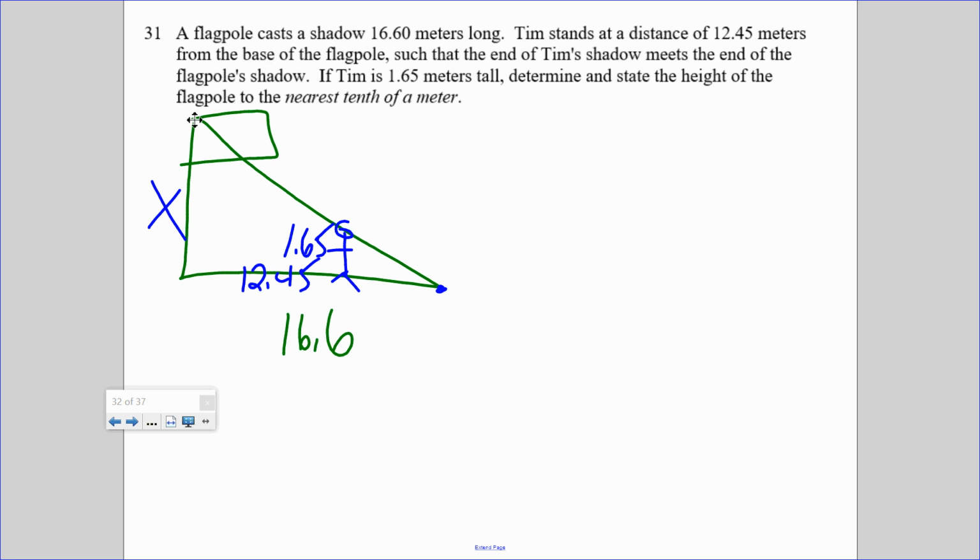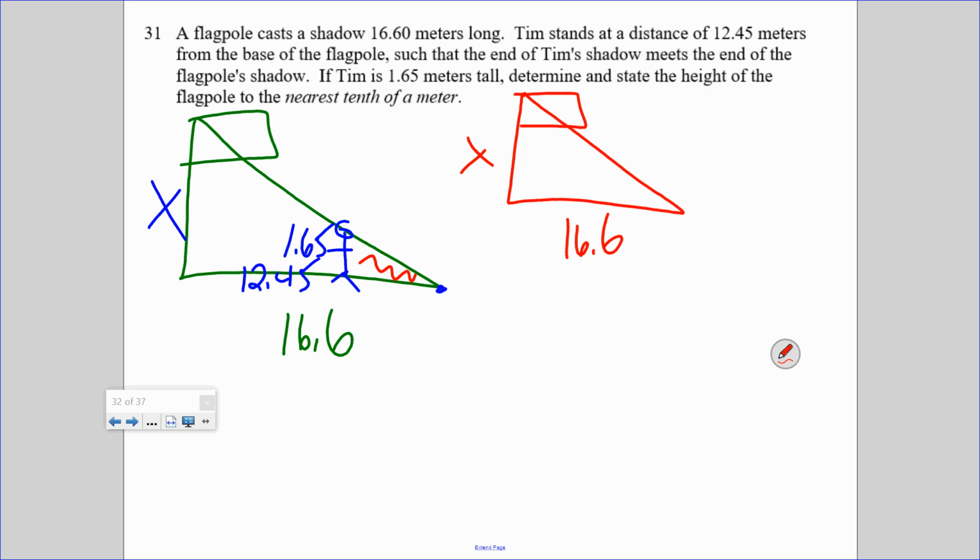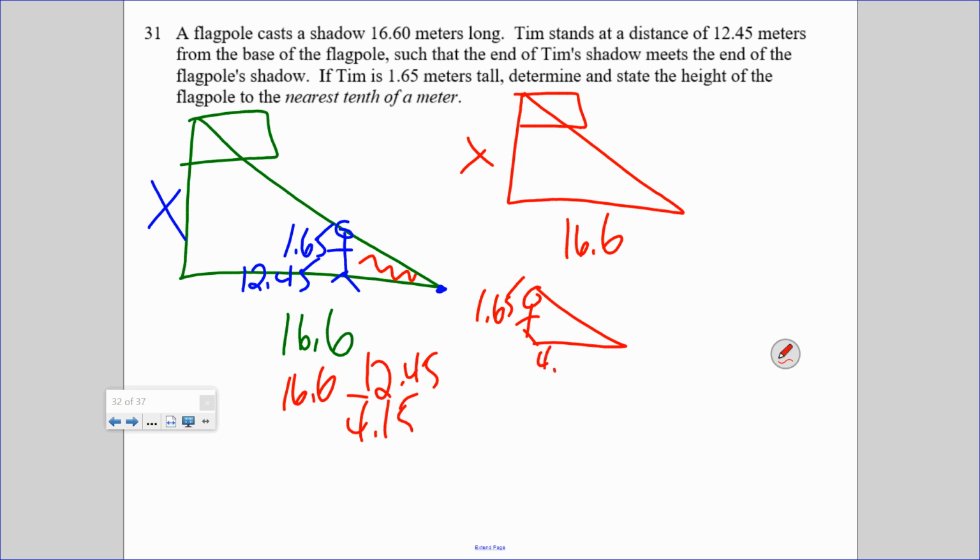The candy corn problem. I separate my triangles. I got my flagpole. That's X and 16.6. I've got my Tim. That's 1.65. And we said we had to subtract 16.6 and 12.45 to get 4.15 for this distance.